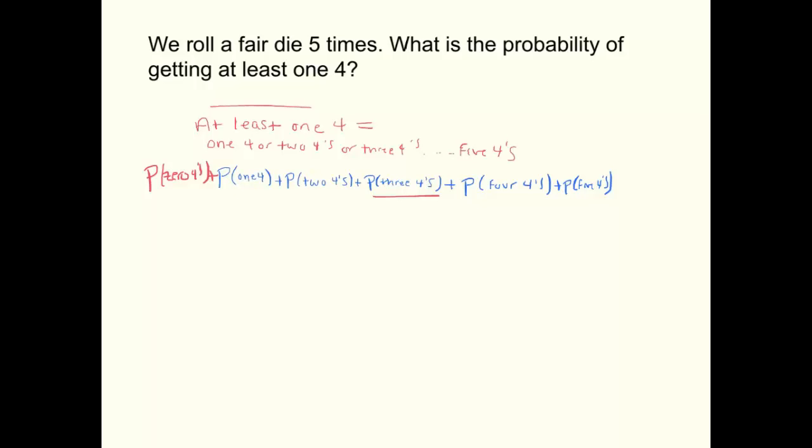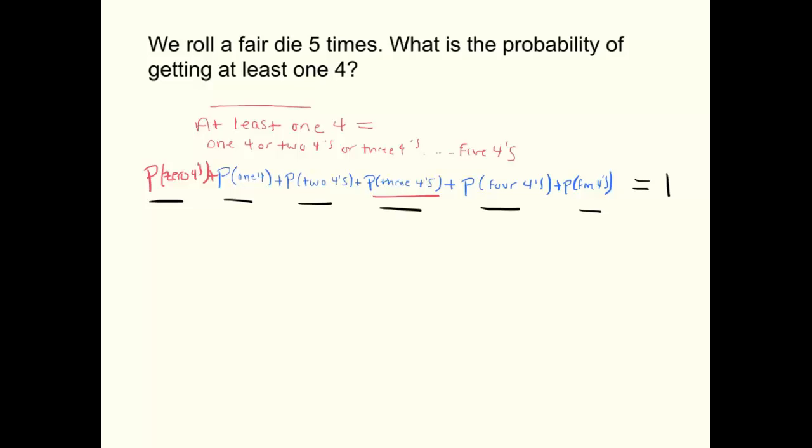Now, if I add up all these, what I know must happen is that it has to equal 1, because this is everything that can possibly happen, right? You roll the die 5 times, you either get 0 fours, 1 four, 2 fours, 3 fours, 4 fours, or 5 fours. So if you add up those probabilities, you get 1.